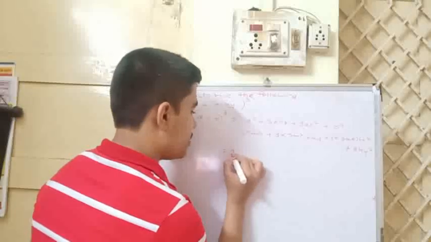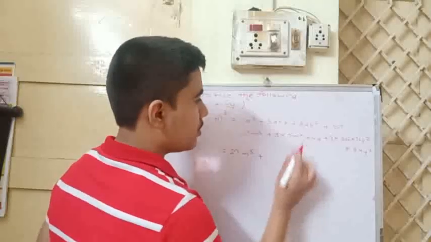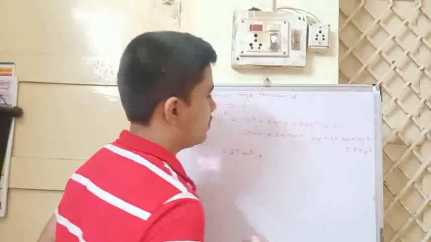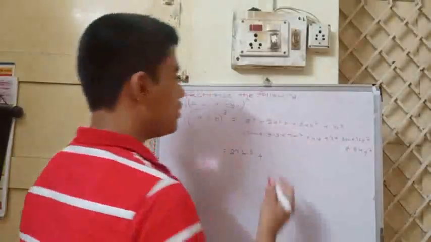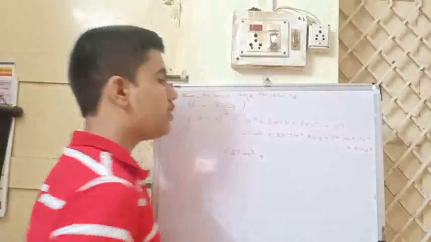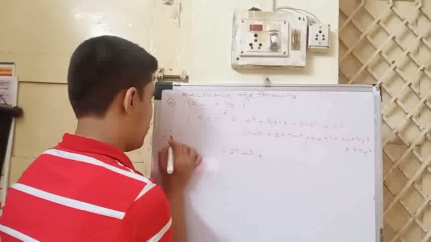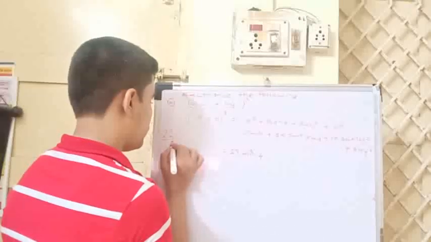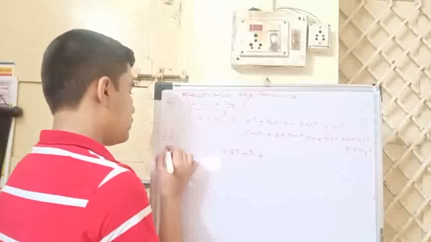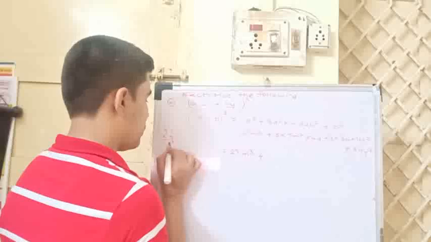Now if you simplify it, 9 3s are 27, 27 into 4 is 108.